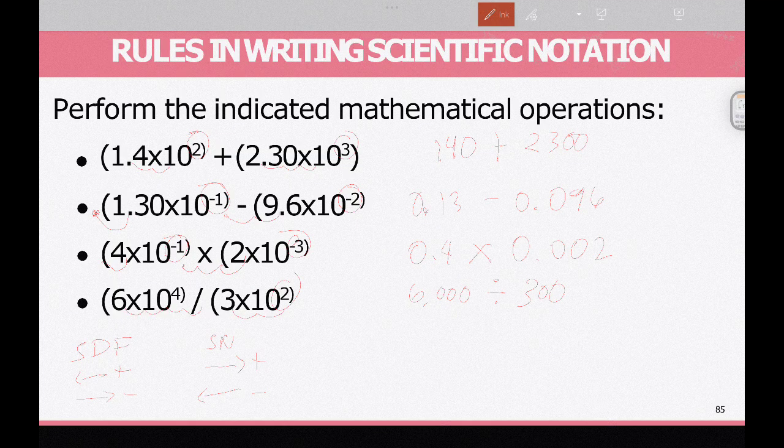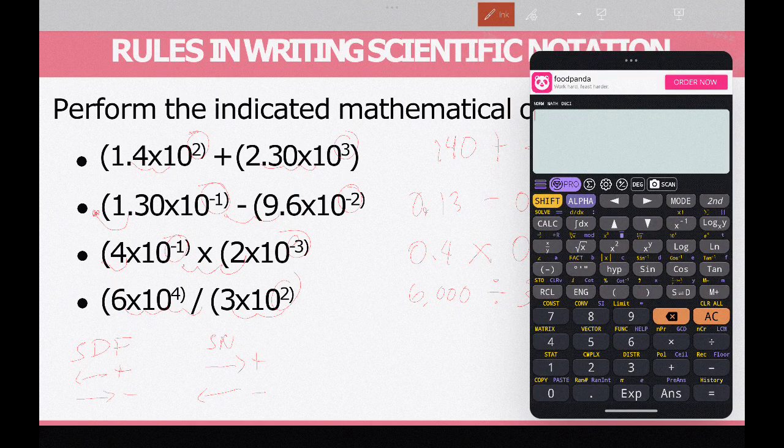Now, here's another technique if you're going to use a calculator. So with the help of this calculator, again, we can simply input everything. So if we're going to use the operation of addition first, always use the open parenthesis, and then you write the values 1.4, and then you type multiplication times 10, and then use this x and y.